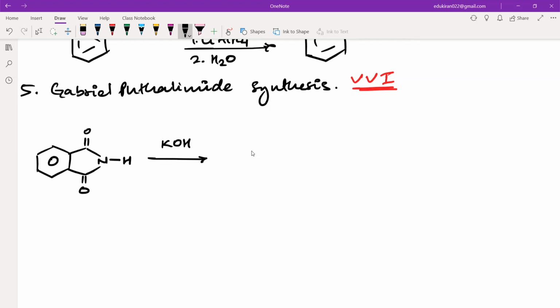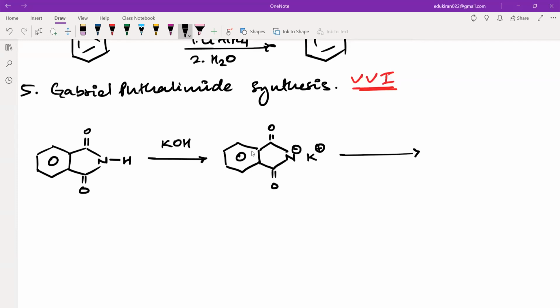Obviously, this OH will attack this hydrogen and abstract it, and you will be getting a salt. Here there will be nitrogen with double bond O. Since we have lost H plus, this will be negatively charged, and the K plus of KOH will be in the neighborhood. After that, we react this with alkyl halide.